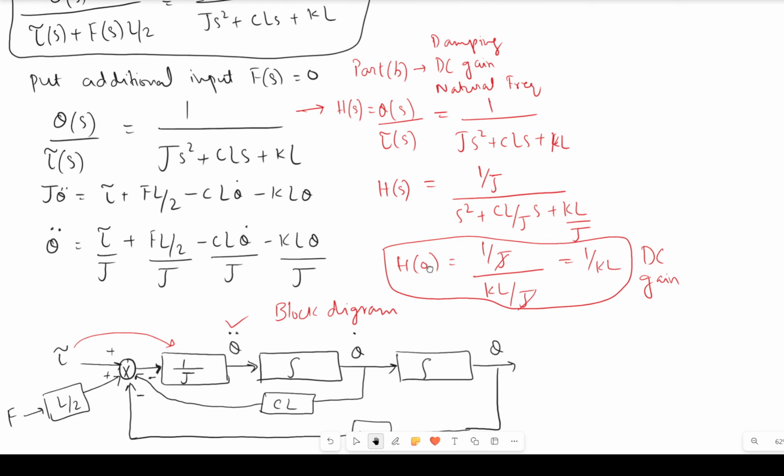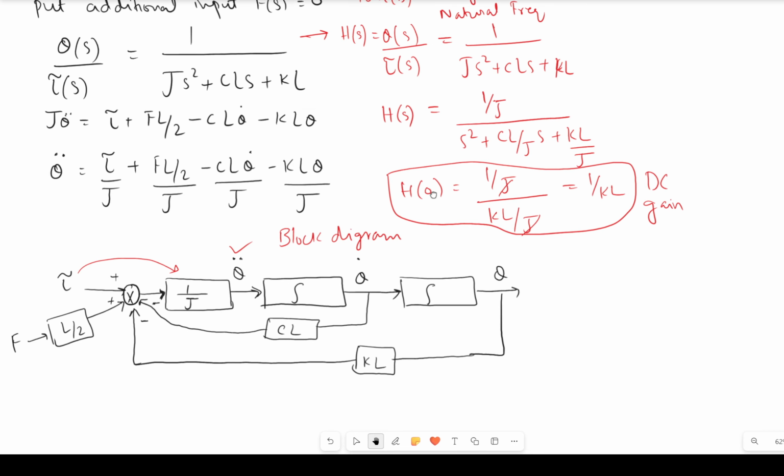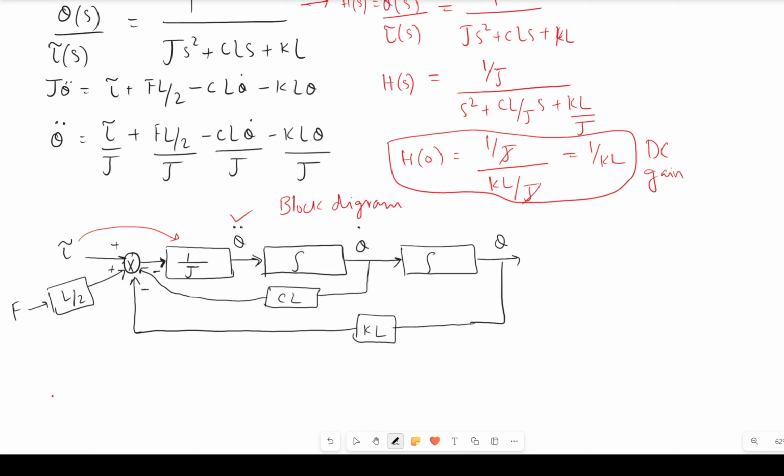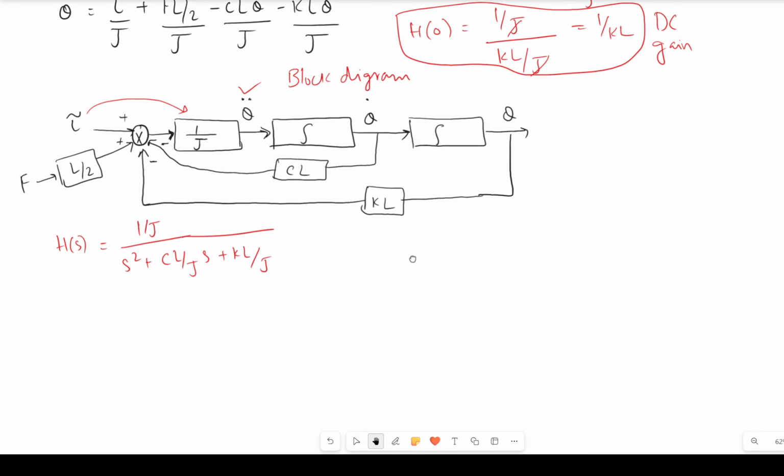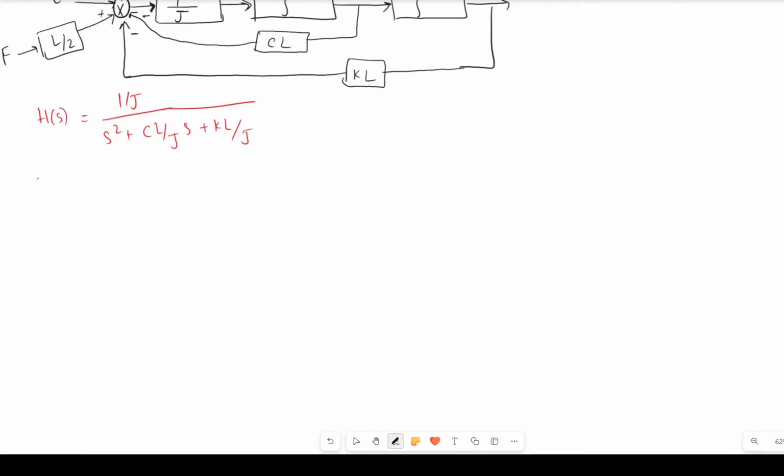I'm going down to solve the other parts. So our H of s is equal to 1 divided by 1 by J. This is what I obtained: S square plus CL by J s plus KL by J. And I have already obtained the DC gain, which is 1 by KL.